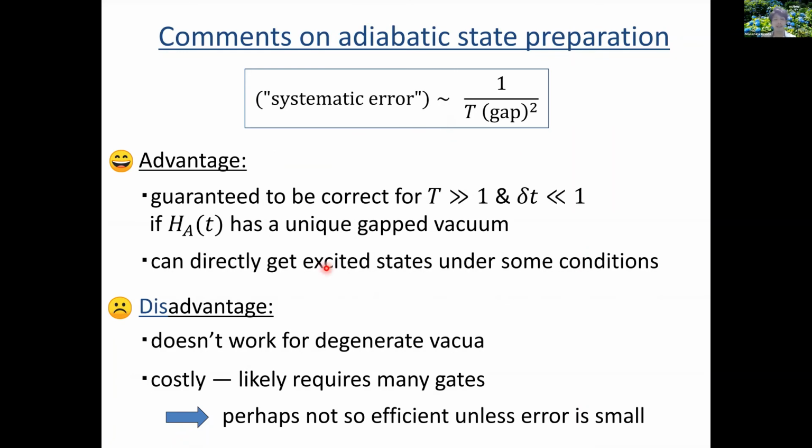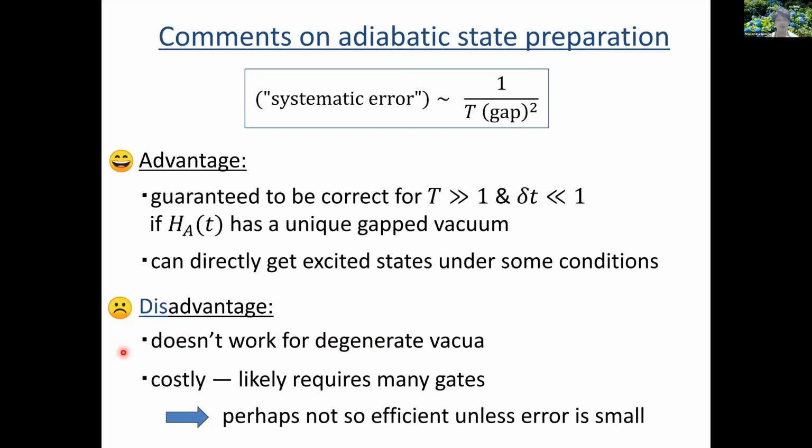There are both advantages and disadvantages of adiabatic state preparation. First, for advantages, adiabatic state preparation is guaranteed to be correct for very large T and very small delta T, if we satisfy the assumption of the adiabatic theorem. Also, in adiabatic state preparation, we can directly get the excited state under some conditions. There are also some disadvantages.